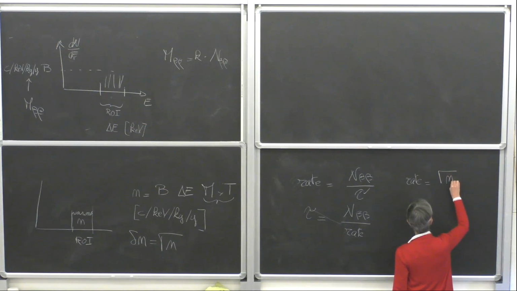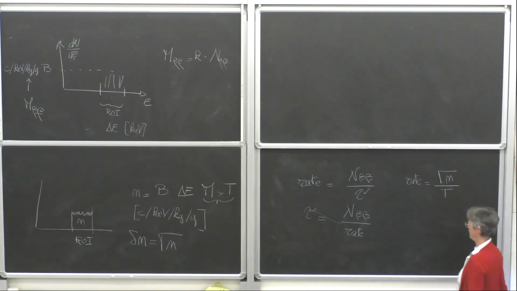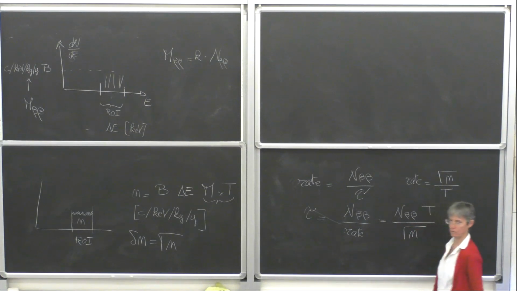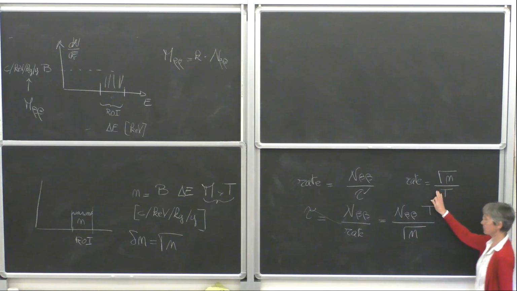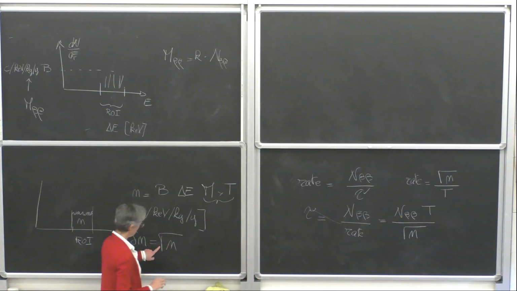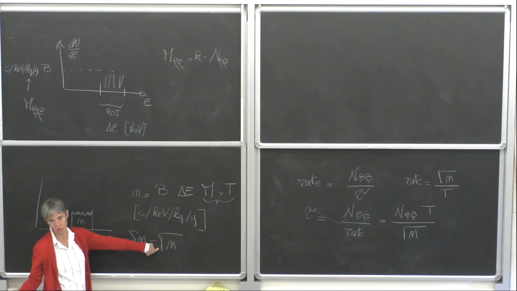It's the square root of n over time. So this is the rate corresponding to a signal that has the same amplitude as a 1 sigma statistical fluctuation.